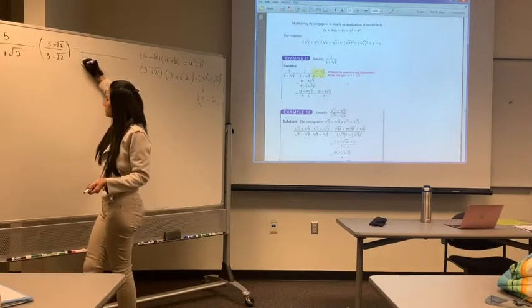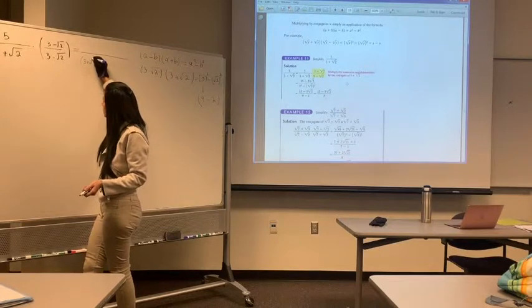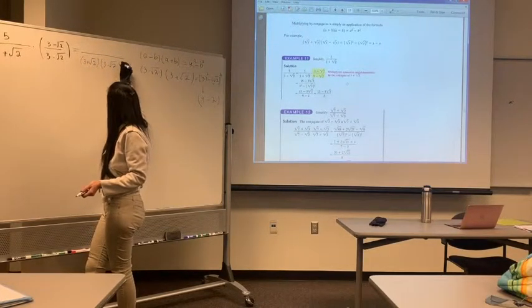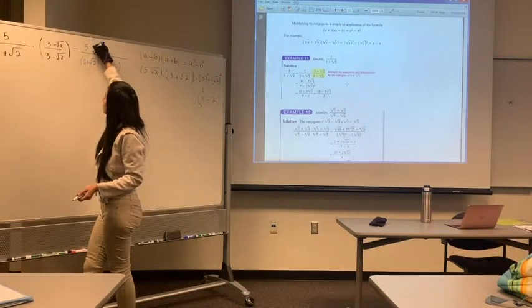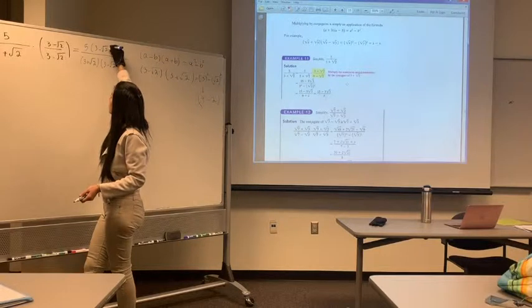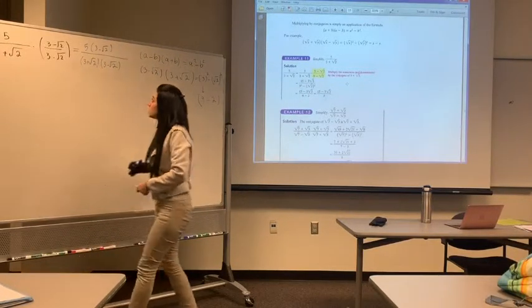So now the denominators are going to multiply together, and the numerator also will multiply to the thing we have on top.